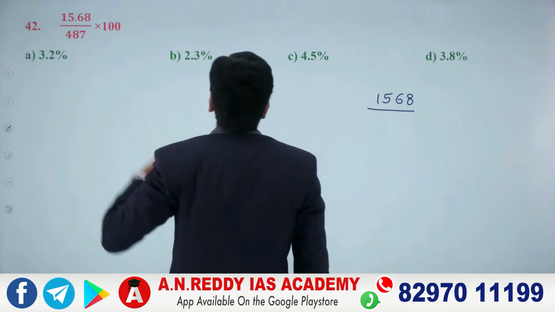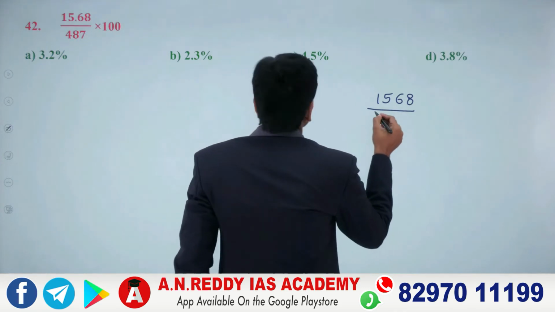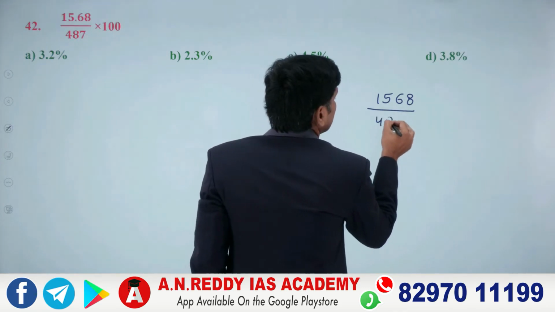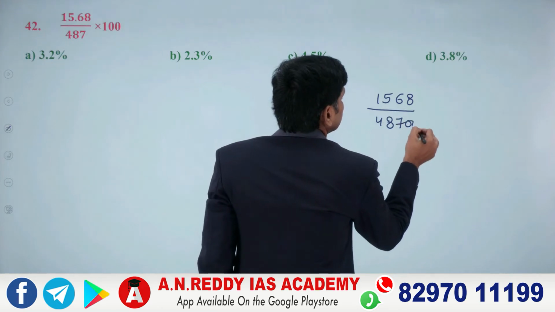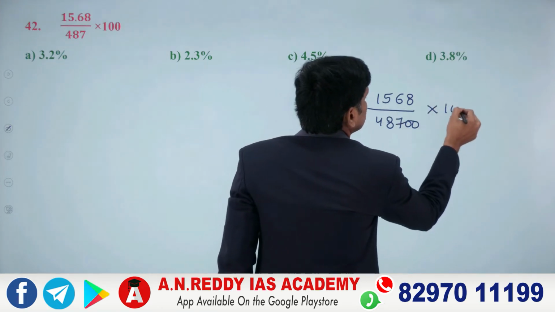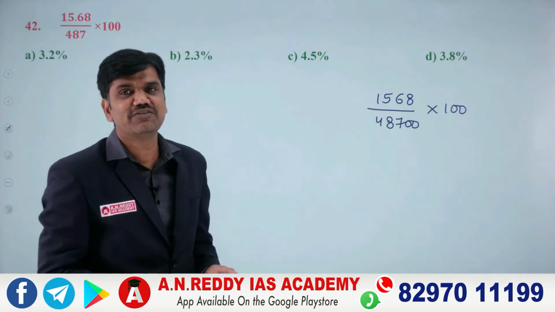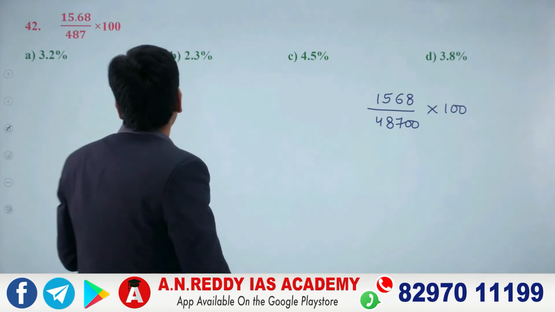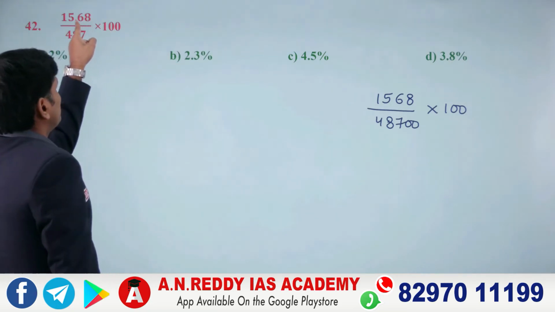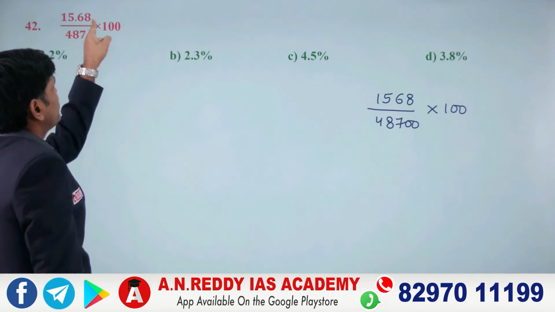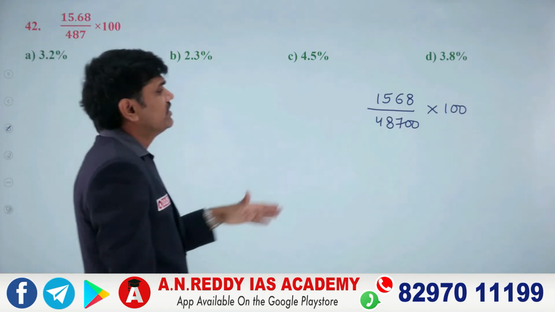You don't have any decimal, so you simply take 2 zeros. 48700. See, moving decimal means you are multiplying with either 10 or 100 or 1000 depending on the number of decimal places. As you have 2 decimal places, you multiply that with 100 and this also with 100. That will give you this one.